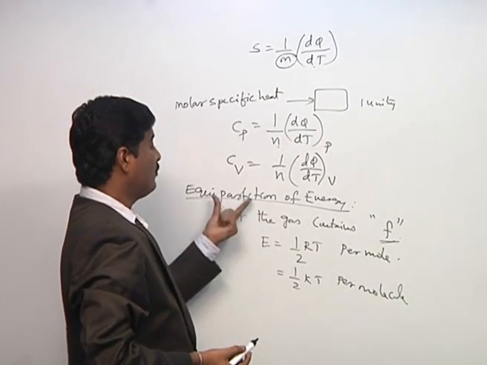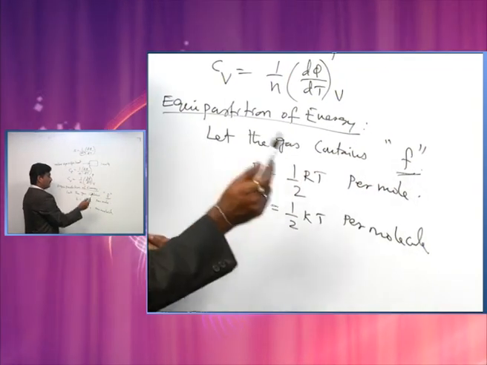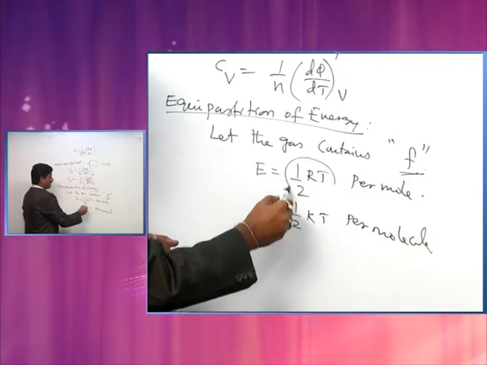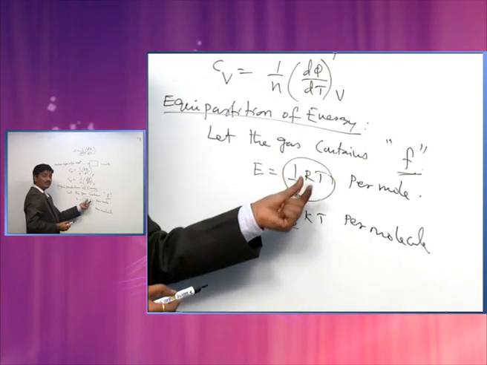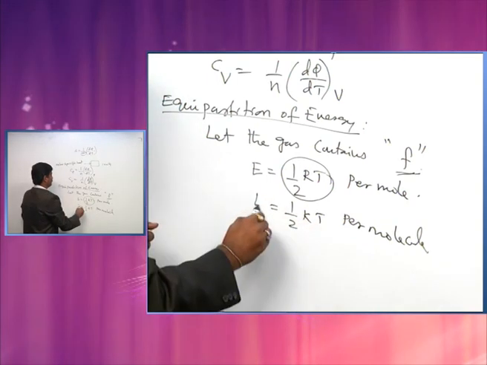So, this is the equipartition of energy. For each degree of freedom, for 1 mole of the gas, it will be 1 by 2 RT. For 1 molecule, what do we get? 1 by 2 KT here.